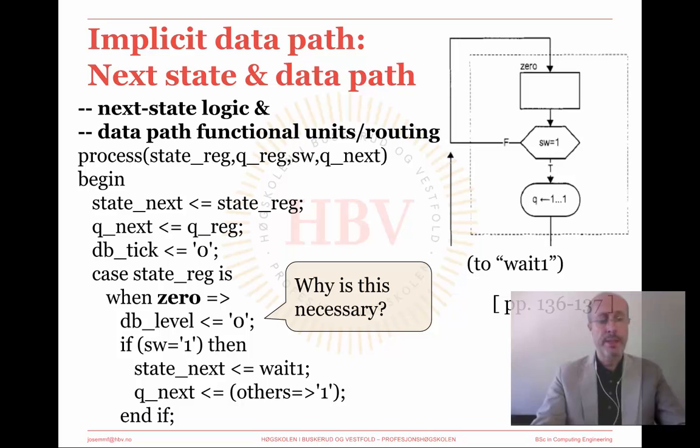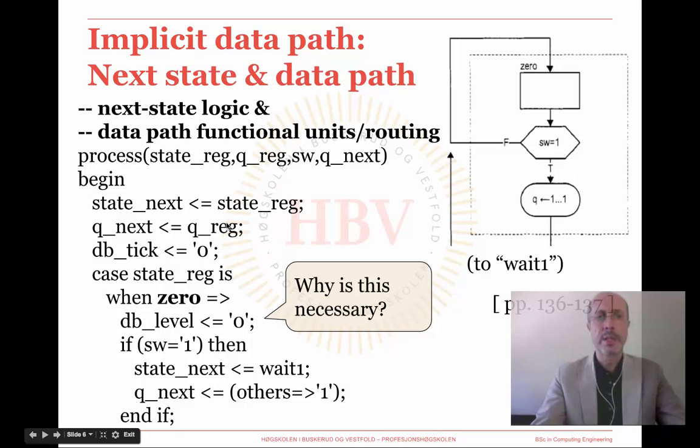The second segment addresses the combinational logic blocks, and that's the segment that deserves most of our attention. So we start by focusing on the next state and data path logic for state 0, and so we will have 3 more slides similar to this one, corresponding to states wait 1, 1, and wait 0.